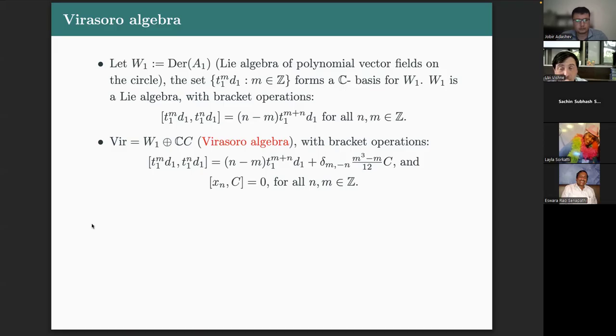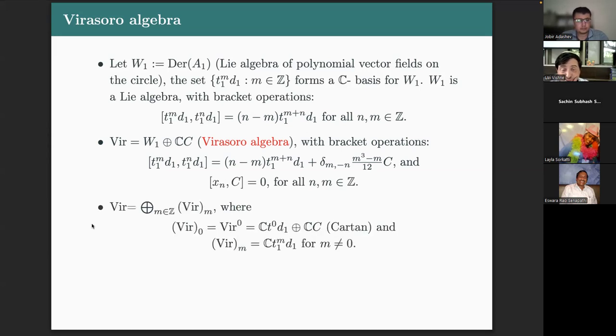What I mean by non-trivial is that if you take two elements and their bracket operation, a nice cocycle term comes in, and this makes the theory more interesting. Due to its relevance to mathematical physics, many mathematicians studied the representation theory of this algebra.